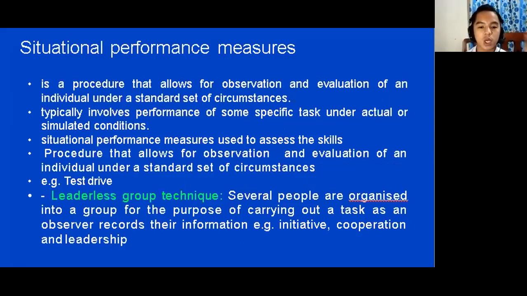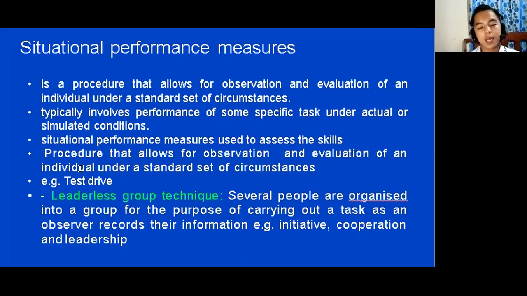It is a procedure that allows for observation and evaluation of an individual under a standard set of circumstances. Typically, it involves performance of some specific task under actual or simulated conditions. A sample of this is the test drive or in a tailor.